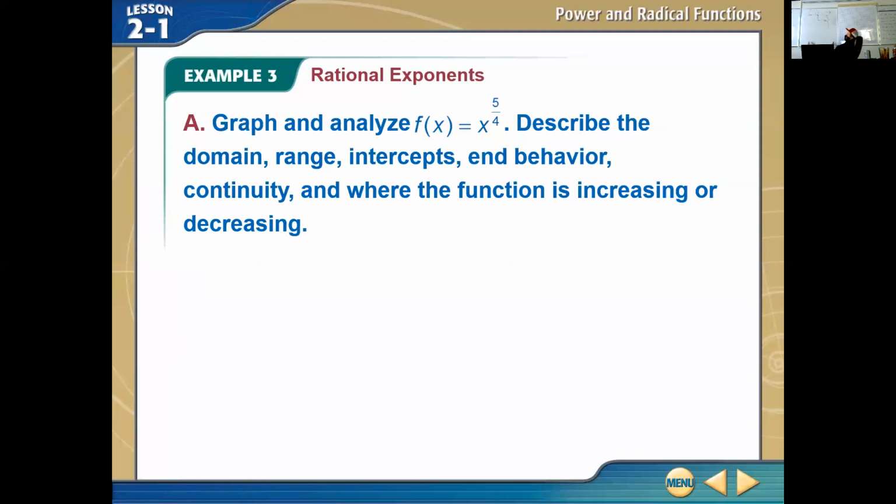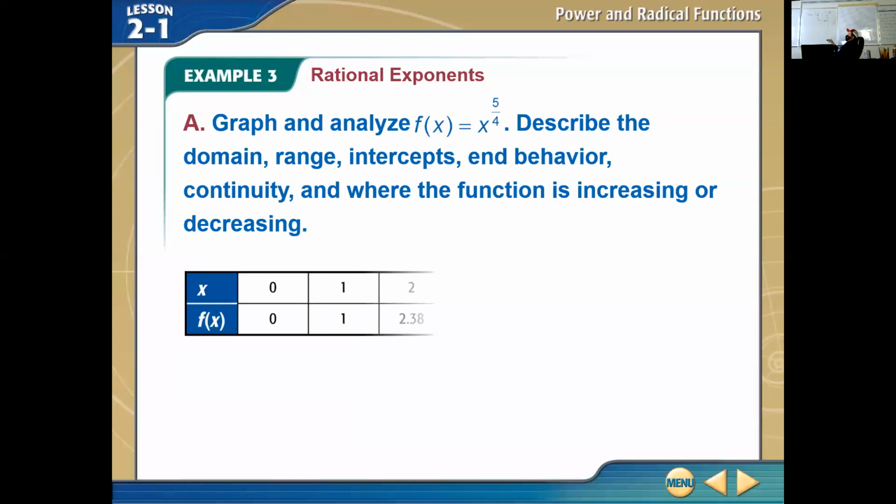Okay, it starts at 0, 0, and then it kind of peers off into quadrant 1. Its intercepts, x at 0, y at 0. In behavior, as x approaches positive infinity, f of x approaches positive infinity. Continuity, continuous, as long as x is greater than 0. Where the function is increasing or decreasing, it's increasing over the entirety of the graph.